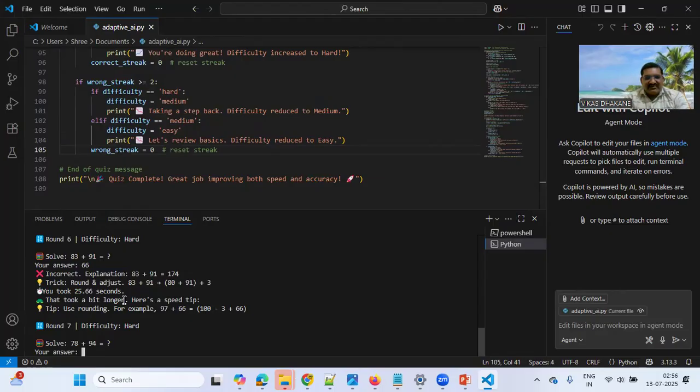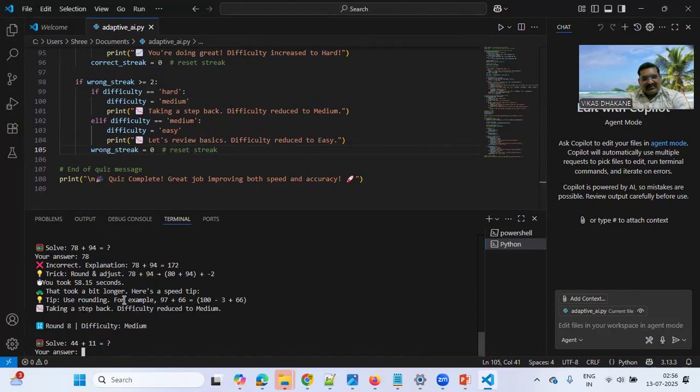Okay. Next, again, we will give the wrong answer. Now, after this, the difficulty level should get decreased. Now you can see the difficulty level decreased from hard to medium. Means this adaptive AI model has understood that the learner is struggling to understand the things.